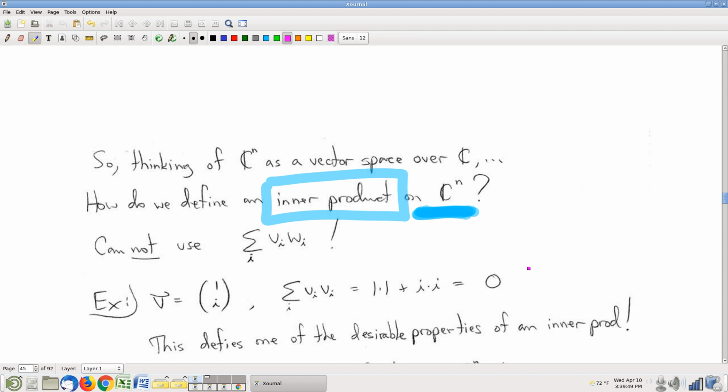So can we come up with something else? The first temptation you're going to have is to think of a different formula. Obviously we can't use this formula. Let's think of a different formula that will have exactly all four of the properties that we identified as the defining characteristics of the dot product way back when. And there is no such thing.